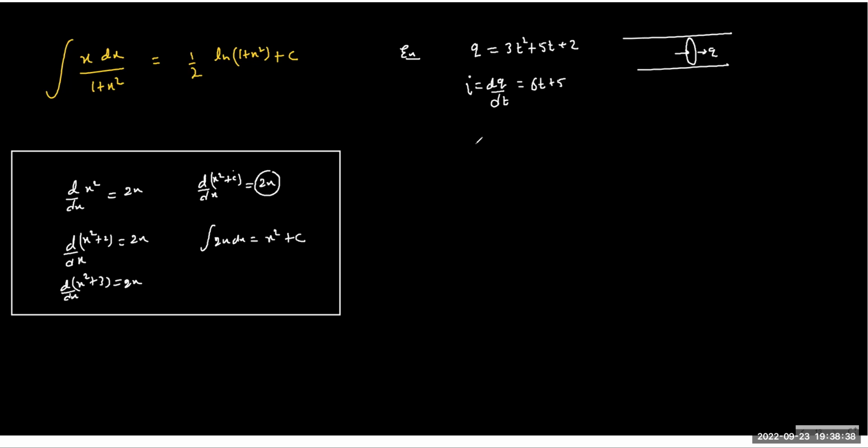Now let's try to integrate 6t plus 5. It's a reverse process of getting the charge back. And you integrate with respect to t. I'm not giving the limit. So if you integrate, what will you get? Tell me the answer.